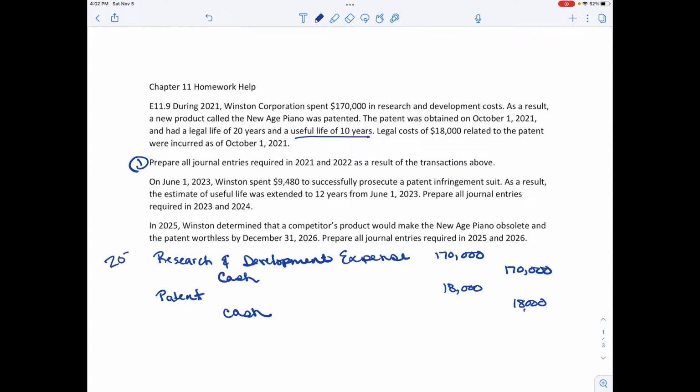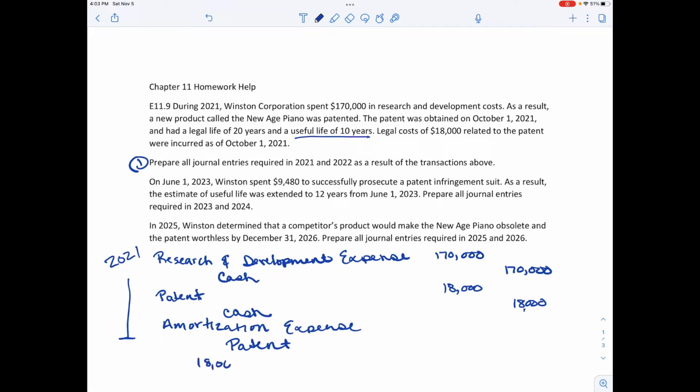Also, at the end of 2021, first, we're going to record some amortization expense in relation to that patent. So we're going to debit our amortization expense and credit our patent. The amount of this is going to be straight line based on the useful life.